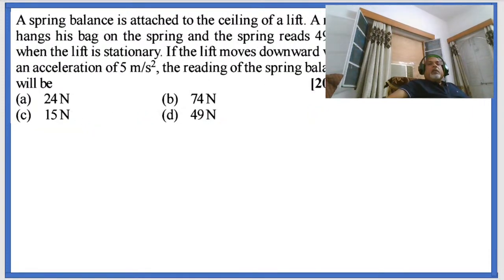A spring balance is attached to the ceiling of a lift. Suppose you have a lift and a spring balance. A man hangs his bag on the spring and it reads 49 Newton.